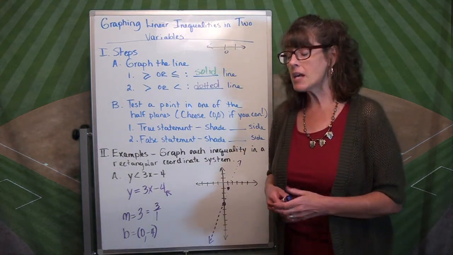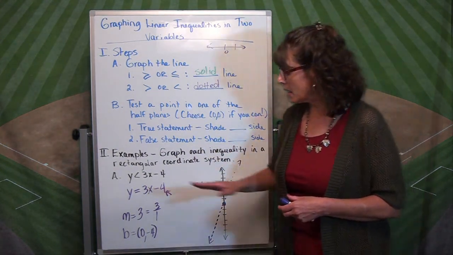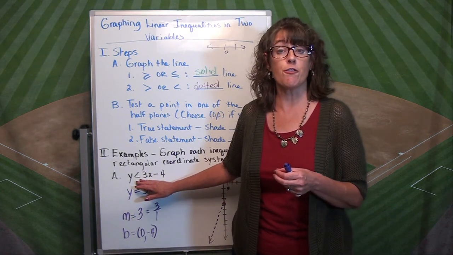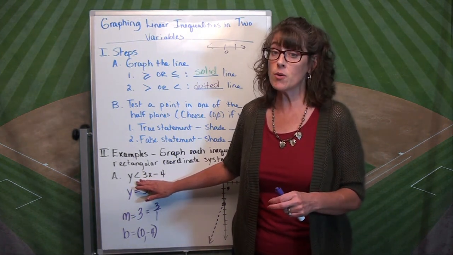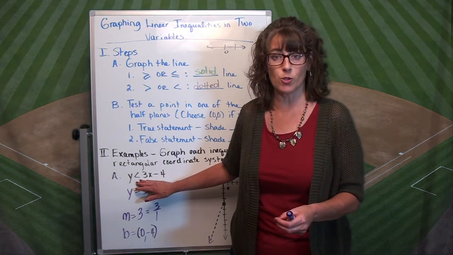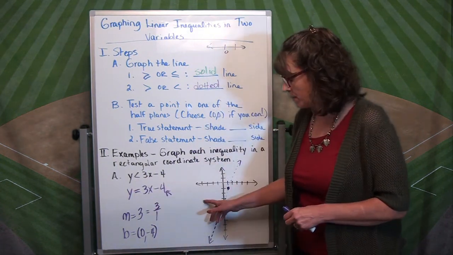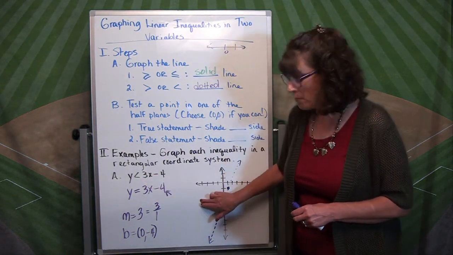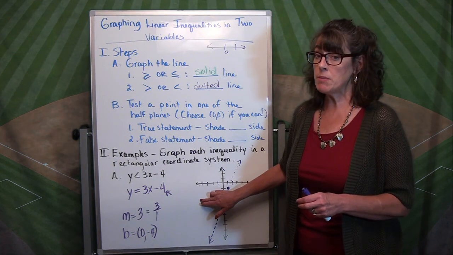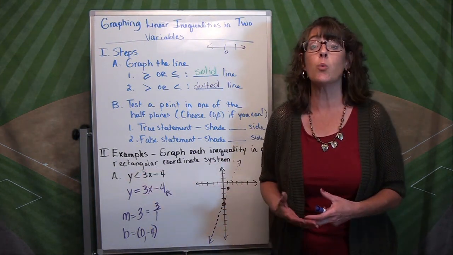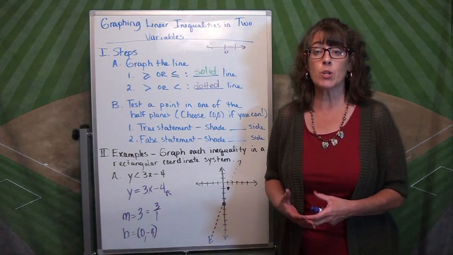Now, on the flip side, if the point that I pick and plug in here does not create a true statement, in other words, it creates a false statement, that's not okay. That means the point that I chose is not a solution to the inequality. So if I pick a point over here and plug it in and it creates a false statement, that point's not a solution. And if I pick another point on this side and plug it in, it as well will not create truth and will not be a solution.